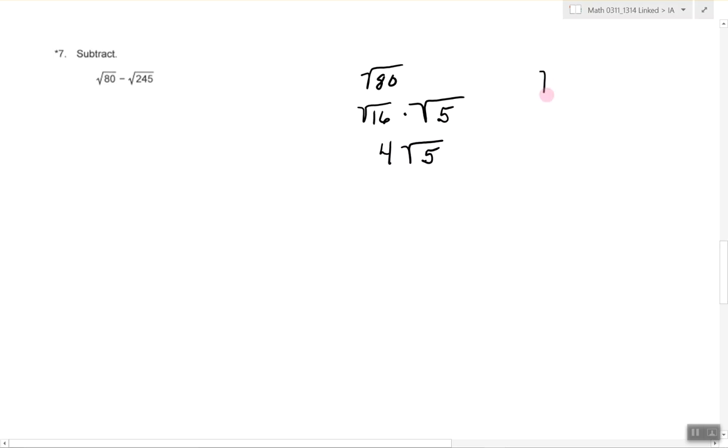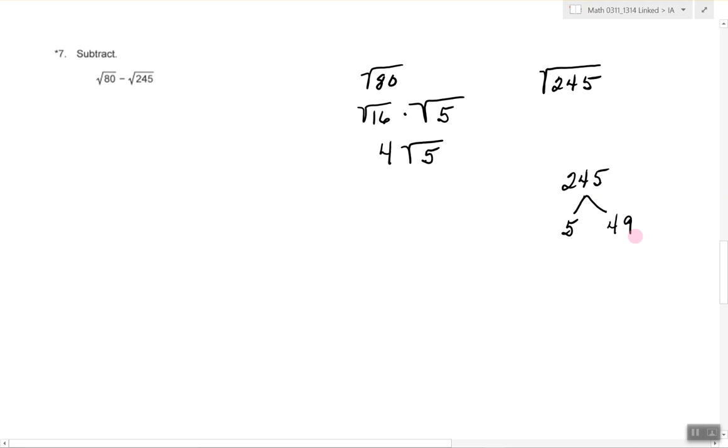Now the other radical is significantly larger. I'm going to do some work that I'll probably get rid of. I can't think of a perfect square that goes in there. But I think I will go ahead and divide it by 5 and see if that helps me. 5 goes in there 49 times.